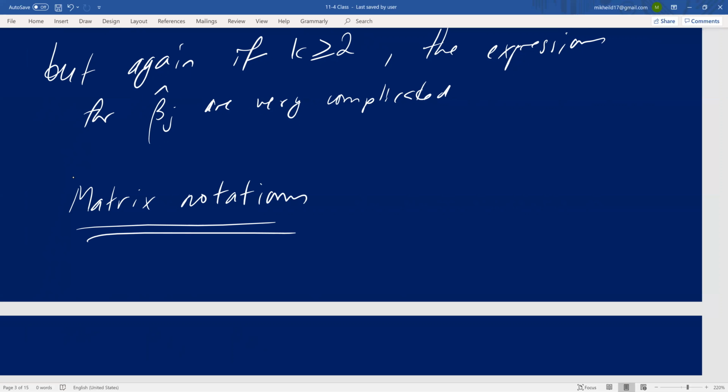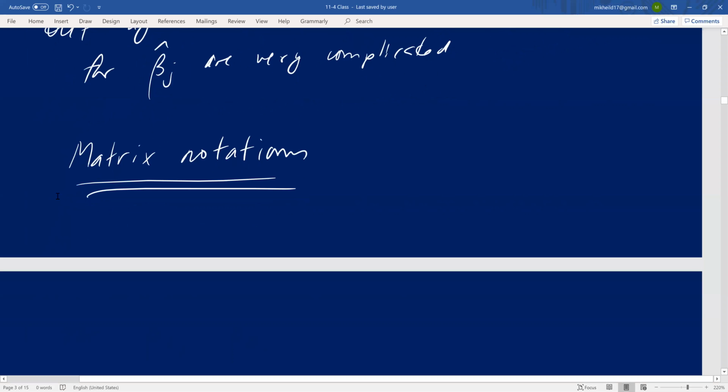I very briefly said a few words about this before, but we don't really cover this in this course. But in fact, matrix notation simplifies stuff very much, and we are able to obtain an analytical expression for every beta.